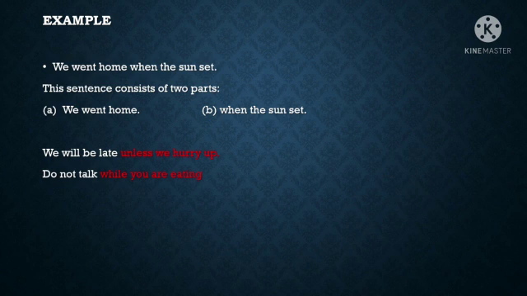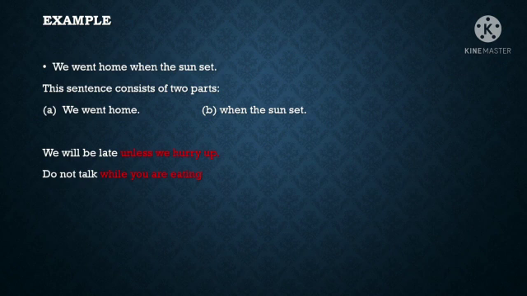So the subordinate clause when the sun set has to depend on the main clause we went home. Such a clause is called a dependent or subordinate clause. So do you understand, students, why we went home is called a main clause or an independent clause, and why when the sun set is called a dependent clause or a subordinate clause, right?